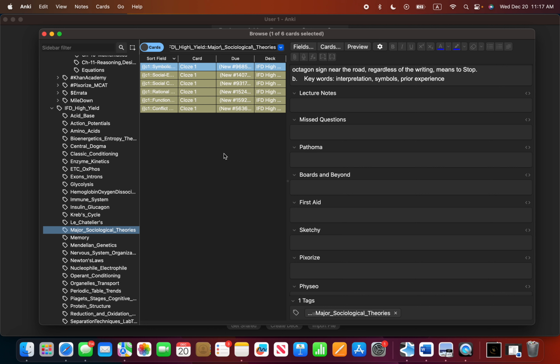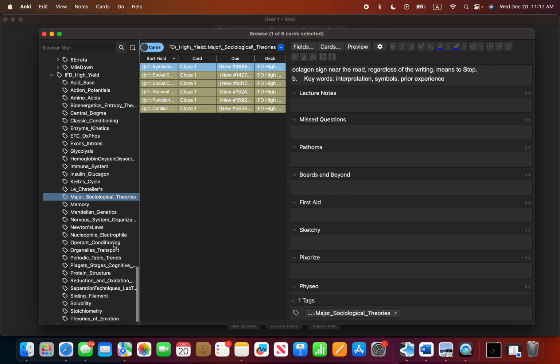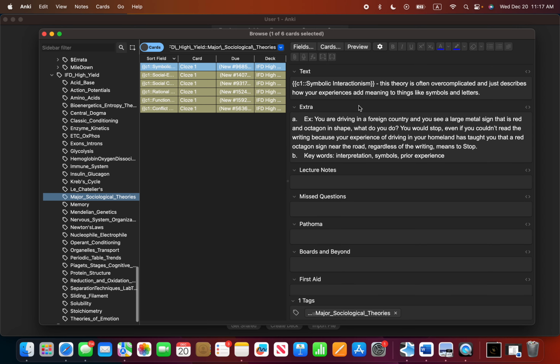Oh, we have something from Psych Soc here. Okay, symbolic interactionism. This theory is often, first time I'm hearing this. I think some of these sociology and psychological terms are just like, what the hell is going on?